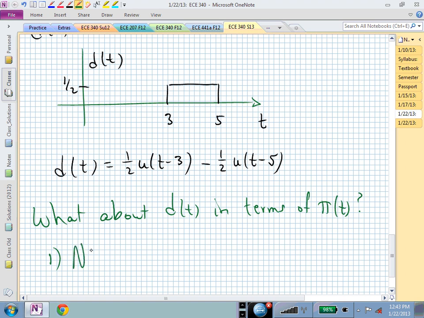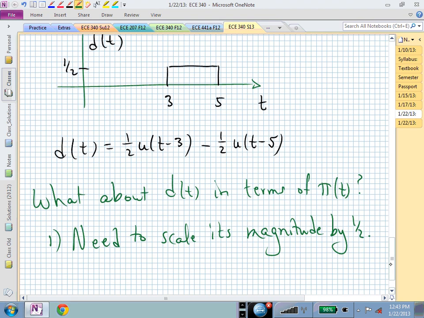So we need to scale the magnitude. That's the most direct adjustment, let's say. What else do we have to do? We have to expand it, don't we? The pulse is just 1 width wide. We need something that's 2 units in width.